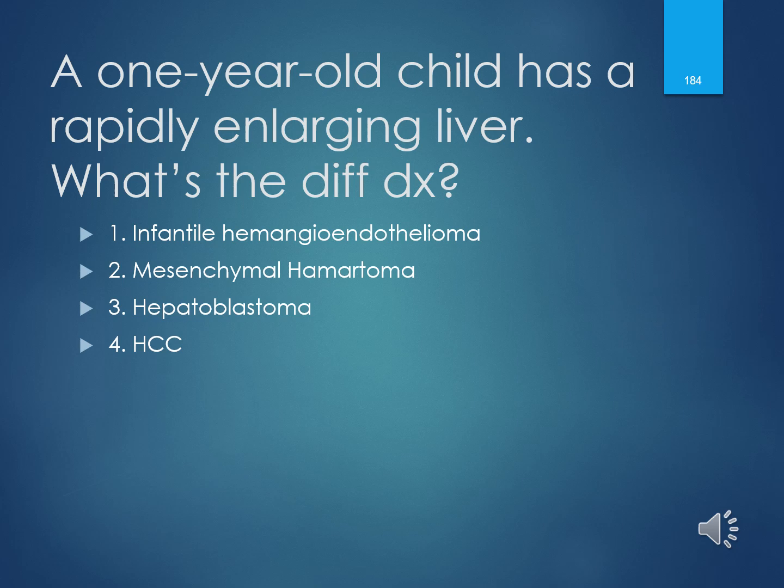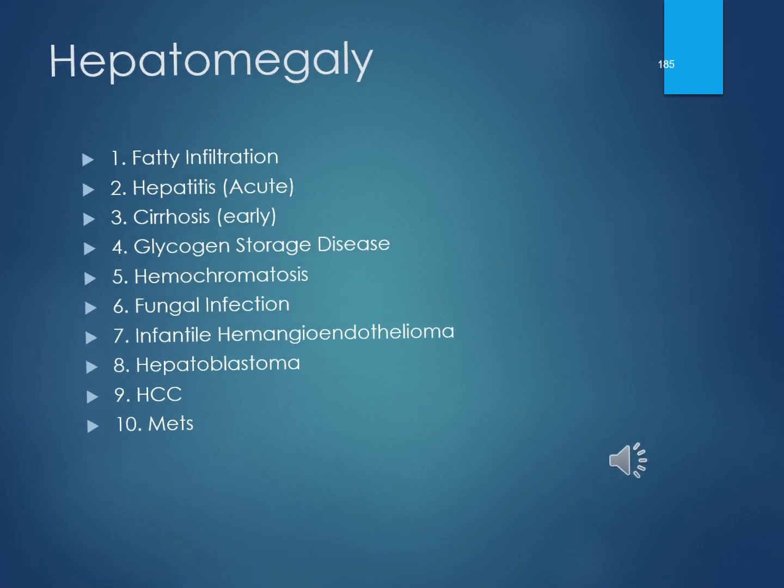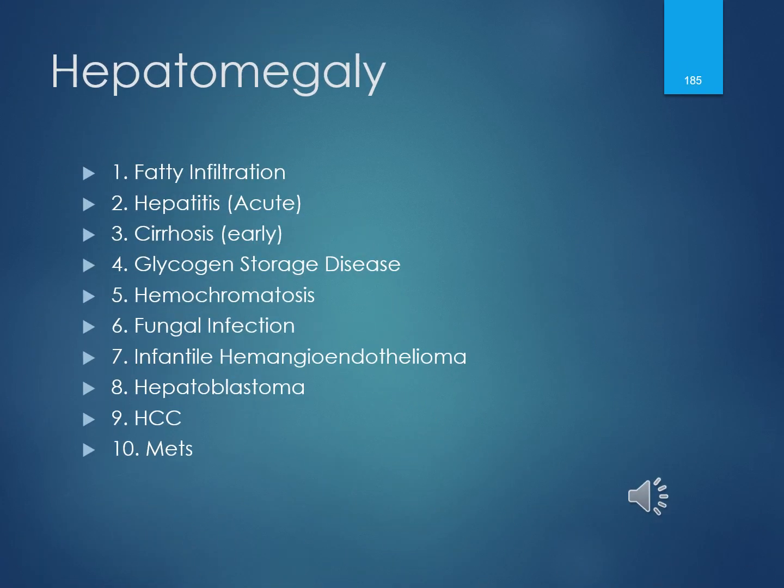A 1-year-old child has a rapidly enlarging liver. What's the differential diagnosis? 1, infantile hemangioendothelioma. 2, mesenchymal hamartoma. 3, hepatoblastoma. Or 4, hepatocellular carcinoma. What pathology is associated with hepatomegaly?